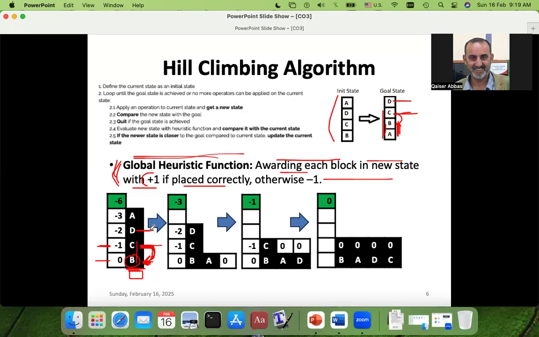The difference is 2. Here D is here, and there D is there. So C and B, and if we have the A, then C and B you have to move 2 steps above. So the difference from the goal for this D is -2, because you have to move them.